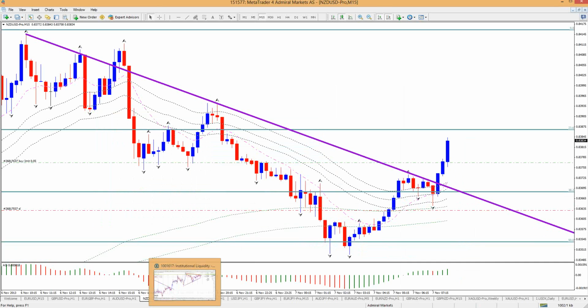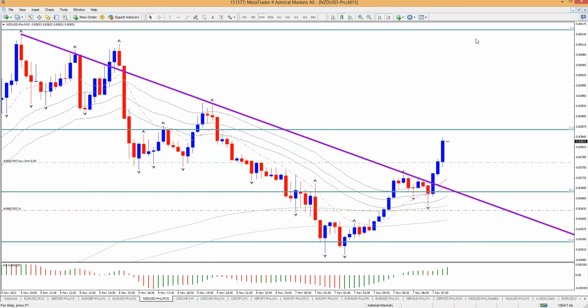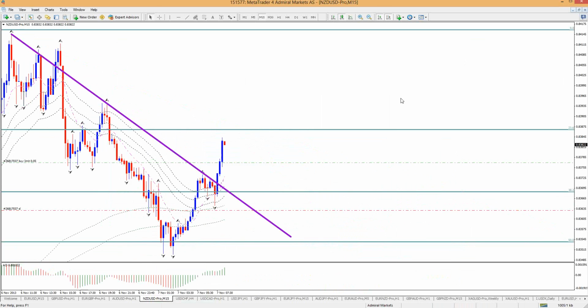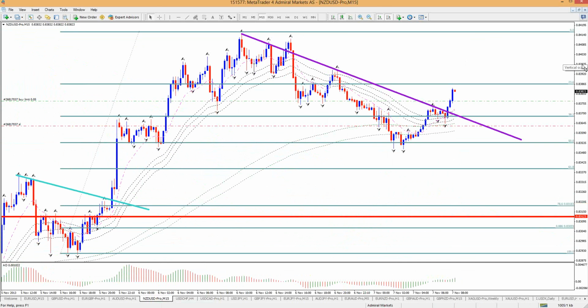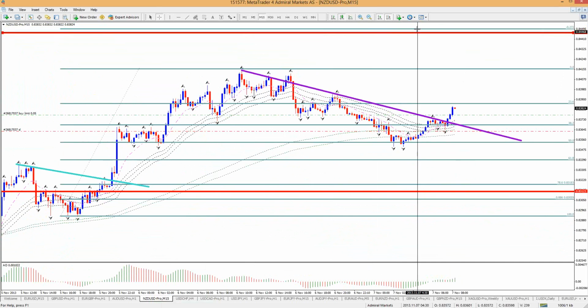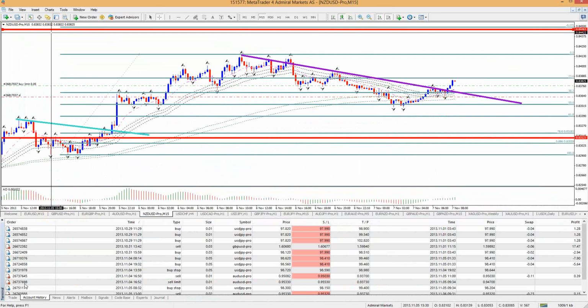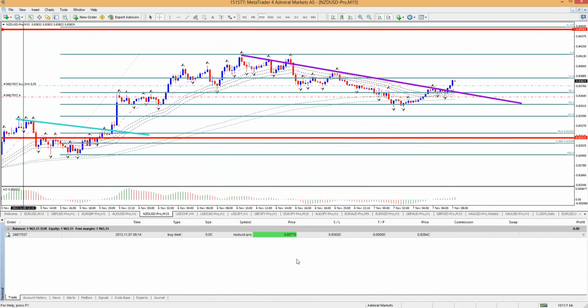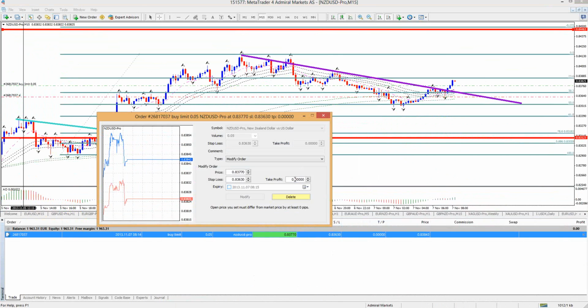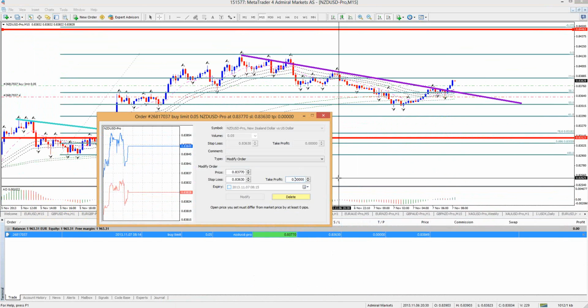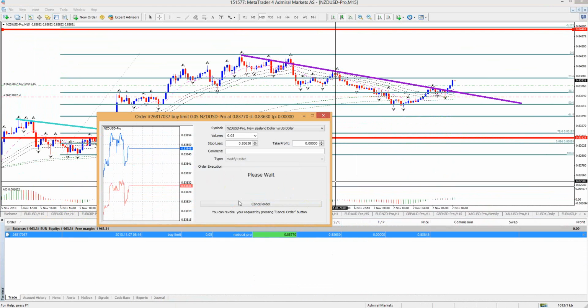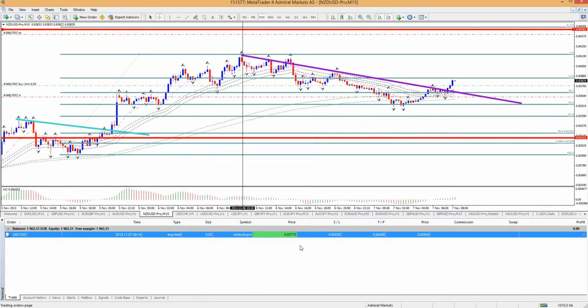Alrighty, so that's the idea. Once again, trail stop, because I think this could go, well, maybe if anything, a trail stop or a take profit at the 272 target, which is 84.40. Let me take a look at that. 84.40.